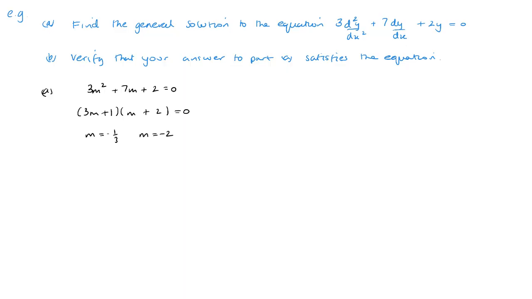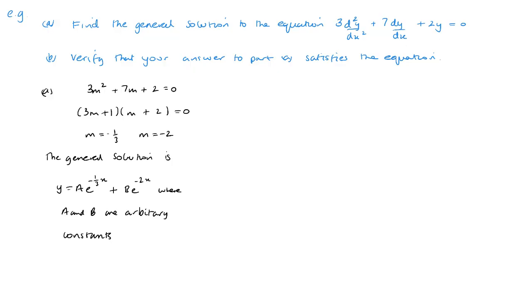Now this is the first type: b squared is greater than 4ac, hence we were able to factorize and get two distinct solutions. So this is going to be the general solution. I will write it in: y equals a e to the minus 1/3 x plus b e to the minus 2x, where a and b are arbitrary constants.